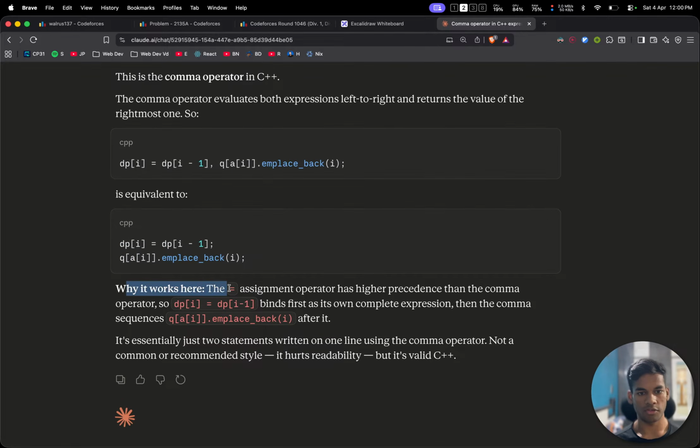Why it works here: the assignment operator has higher precedence than the comma operator, so this thing runs and then this thing runs as if this second thing was a separate thing on its own, which it is.